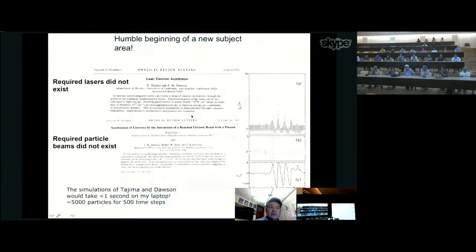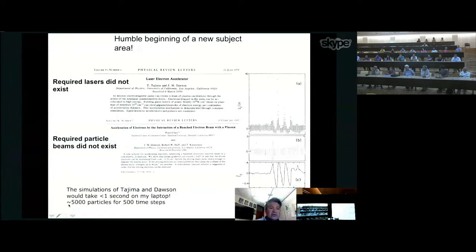So I've cut out here the abstracts of these papers. And I want to stress that this is a very humble beginning of a new subject. They were one-dimensional or very simple linear arguments. They relied on simulations that I could perform on this laptop in a fraction of a second.